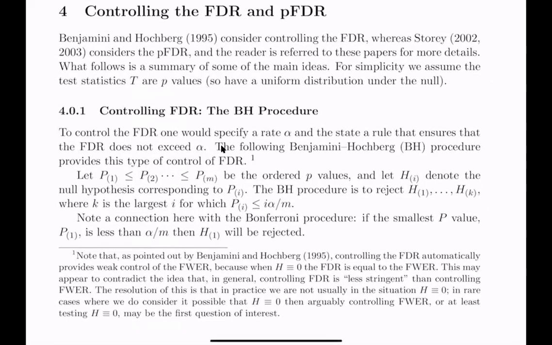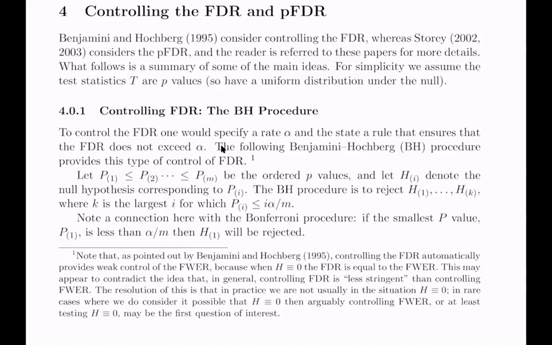Here's the procedure, just to emphasize it. You take your p-values from all your tests, let's assume they're p-values for simplicity, and you rank them from smallest to largest. Then you compare the smallest one to alpha over m, the second smallest one to 2 alpha over m, the third smallest one to 3 alpha over m, etc. And you reject as many hypotheses as you can, such that p_i is less than or equal to i alpha over m.